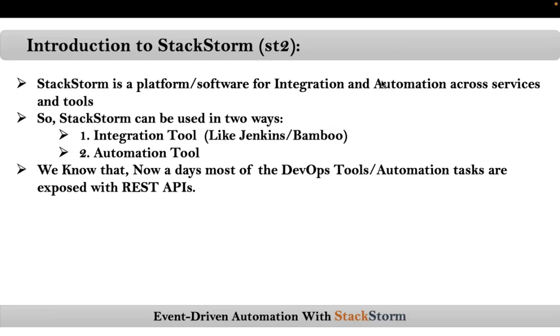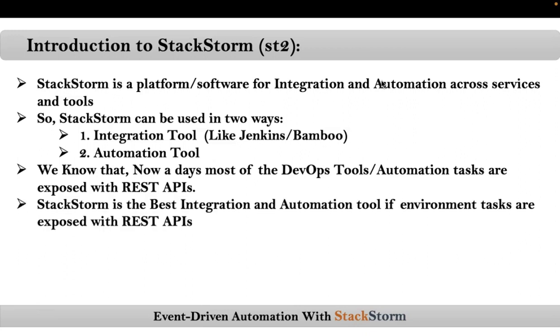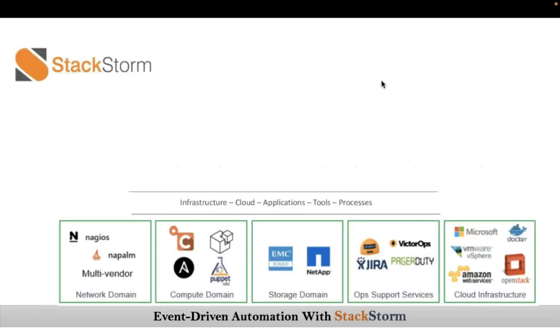Nowadays, most DevOps tools and automation tasks are exposed with REST APIs. In this case, StackStorm is the best integration and automation tool. We can integrate using webhooks or sensors, and we can automate tasks by implementing workflows. This is a simple diagram to understand how we can integrate or automate our tasks using StackStorm.